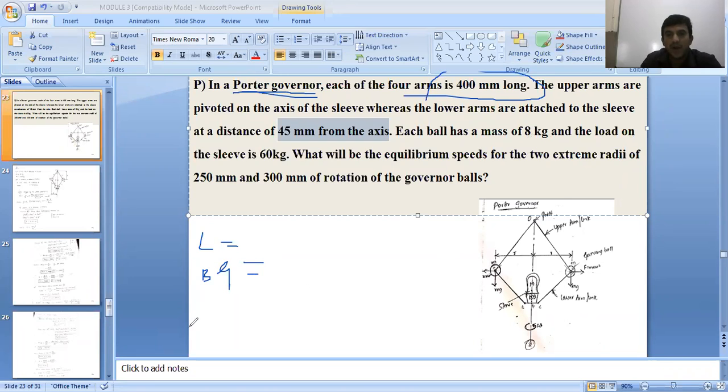Now each ball has a mass, small m, given as 8 kg, and the load on the sleeve, capital M, is given. What will be the equilibrium speed?